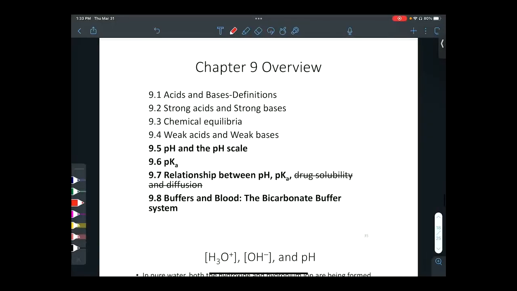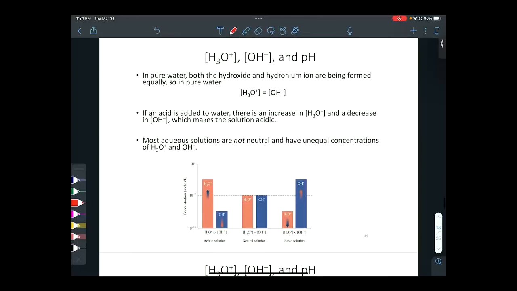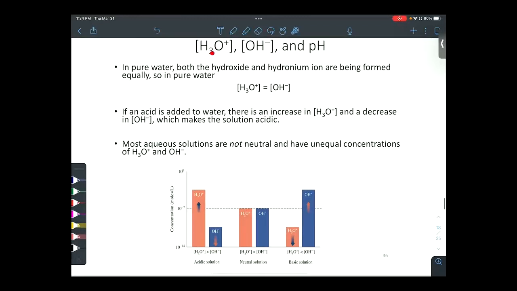All right, so we're going to move on to the last part of the chapter, where we talk about pH, the pH scale, and some calculations. The whole idea, H plus and OH minus, is all related to pH. With our Kw expression, when we have pure water with nothing else in it, the concentration of acid, H plus, is equal to the concentration of the base, OH minus, but that's only in pure water.